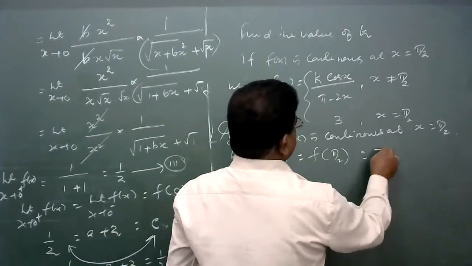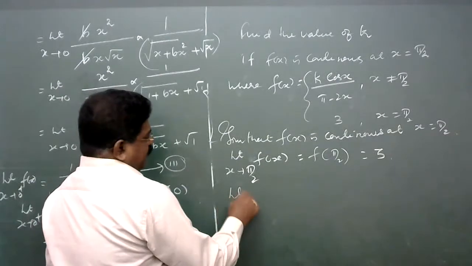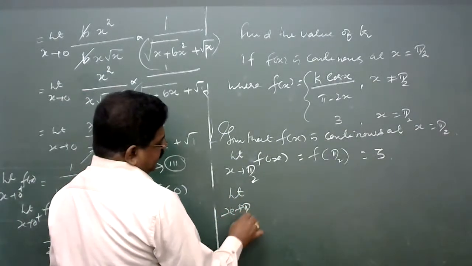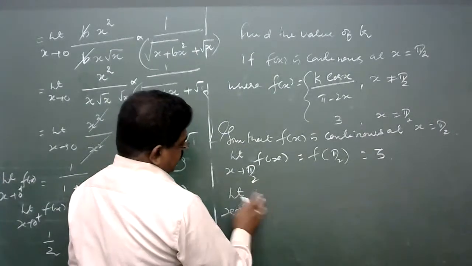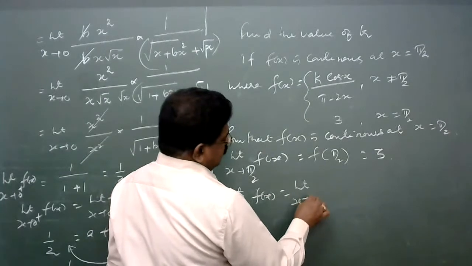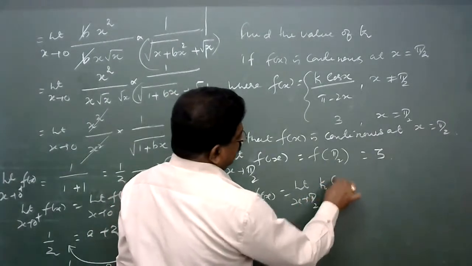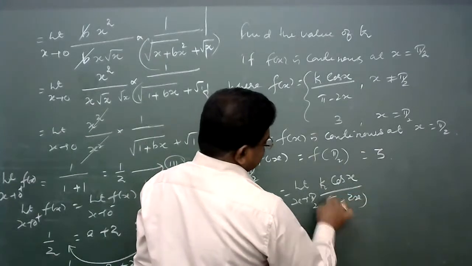So it is given that it is 3. Now let us find the limit of the function when x tends to pi by 2. The limit of f of x is equal to limit x tends to pi by 2 of k cos of x, the whole upon pi minus 2x.